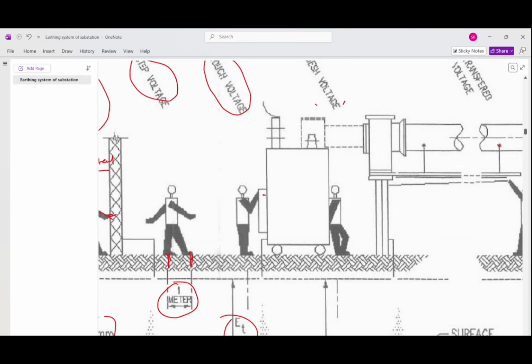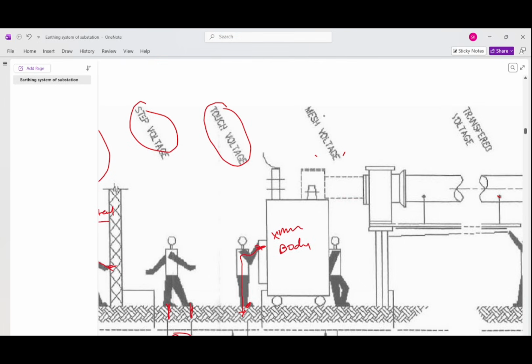Whenever a human touches the transformer body, an earth fault current flows through this up to the ground, and his hand touches this point and this ground point. So the potential across these 2 points is touch potential.